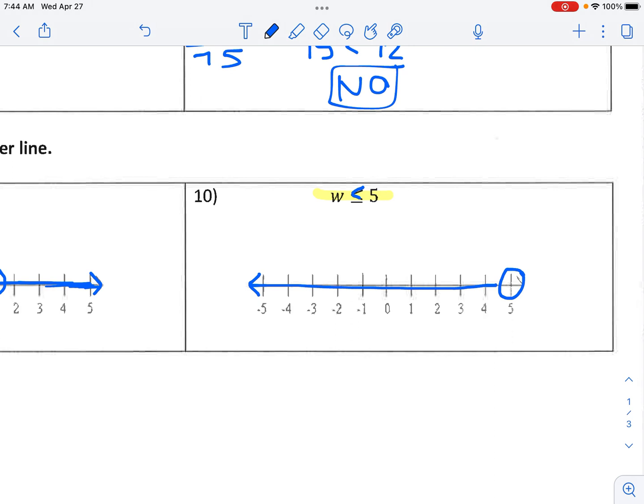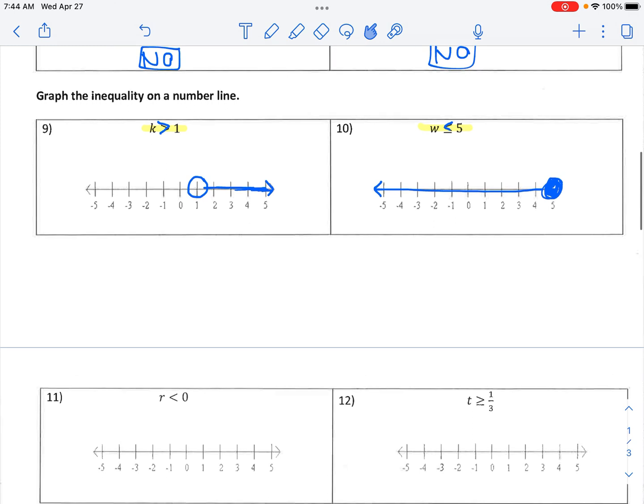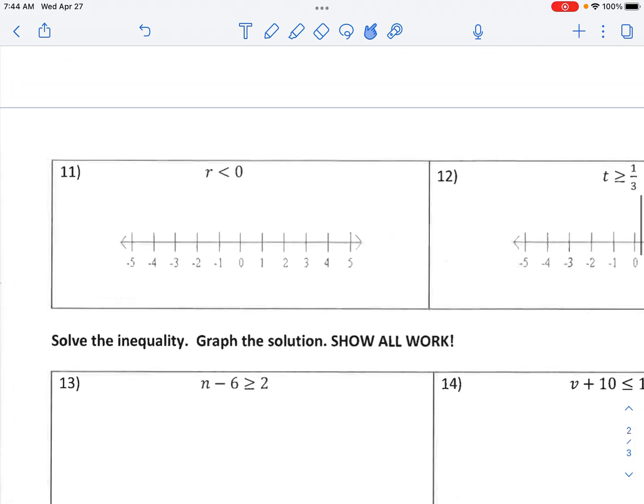Step 3, decide if your circle will be open or closed. W is less than or equal to 5. That means 5 is a solution to the inequality, so we're going to close our circle. Make sure you go back, rewind, make any corrections on your paper that you need to make.